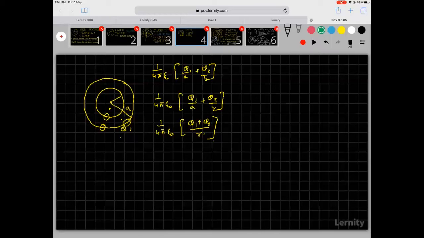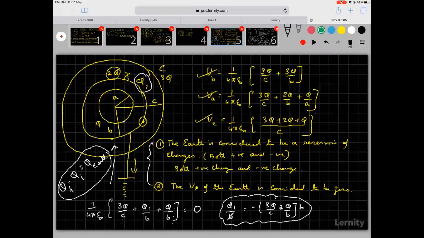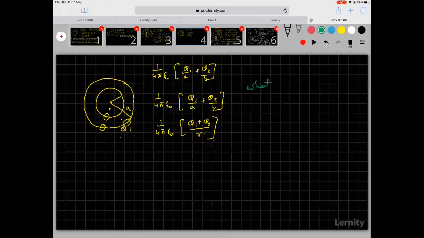I gave you 3 points and I asked you to find out the potential of the outer sphere, the inner sphere, and inside the inner sphere.